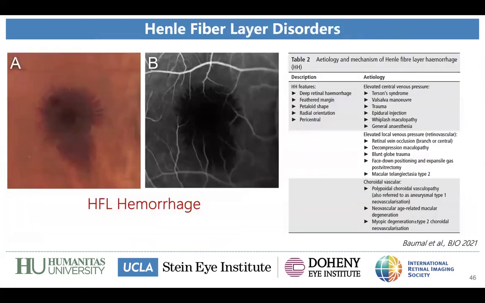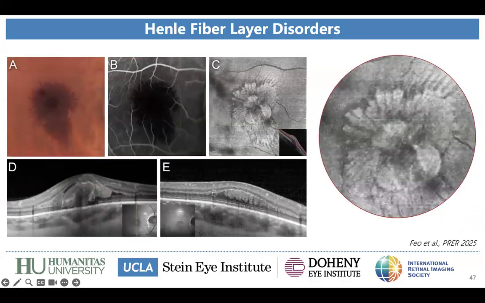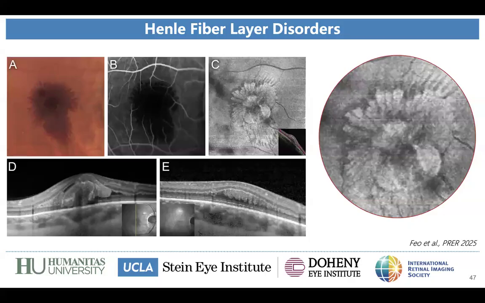Also, just an example, in the very wide spectrum of Henle fiber layer disorders, this is an example of Henle fiber layer hemorrhage, which can be associated with a very heterogeneous spectrum of etiologies. And again, alpha-OCT can beautifully show the petaloid pattern of these hemorrhages at the level of the outer middle retina in these cases.